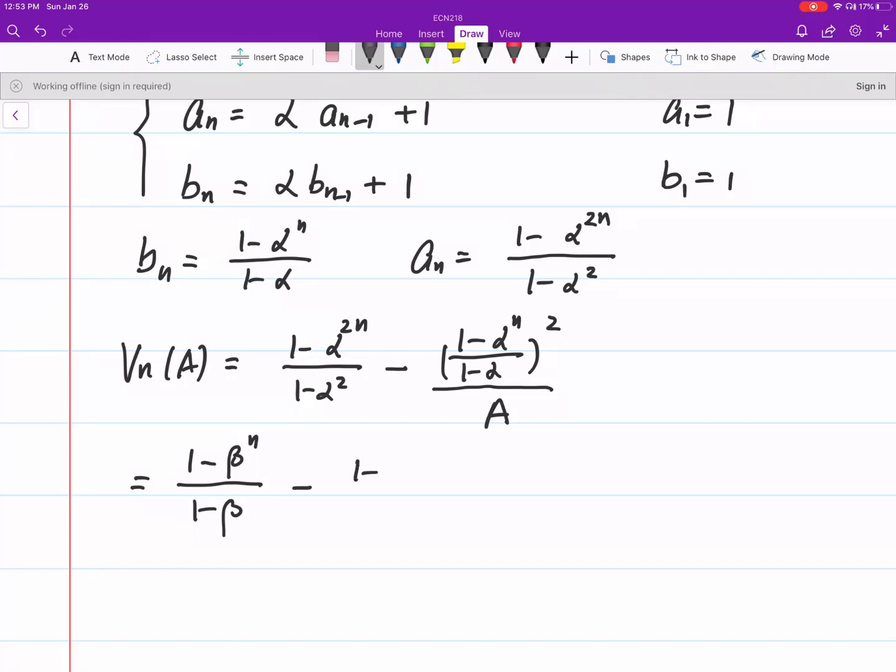This is going to be 1 minus root beta to the n over 1 minus root beta, and the whole thing squared, okay, and multiplied by 1 over capital A. And that's the end of solving this problem of finite period with discount factor for resource allocation.